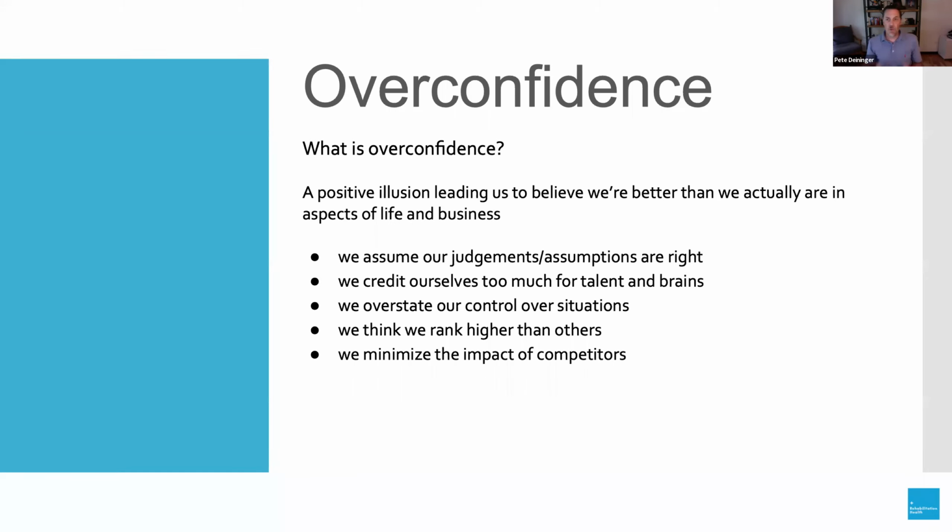For example, we have the tendency to assume that our judgments or the assumptions that we're making are the right ones. We give ourselves way too much credit for our intellect and the talents that we possess than evidence might suggest is appropriate. We tend to overstate the amount of control that we have over a variety of situations, many of which are random situations that are completely out of our control.